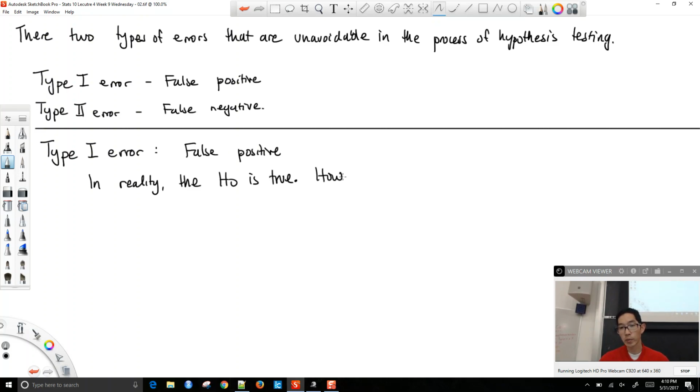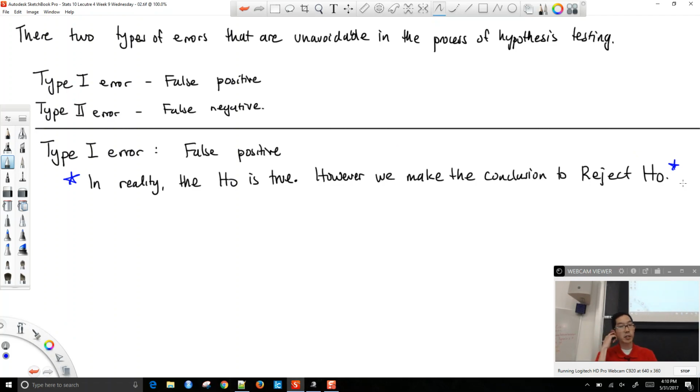However, we make the conclusion, which is wrong. We make the conclusion to reject the null hypothesis. That's a type 1 error. The null hypothesis is true, meaning it should not be rejected, but we make the conclusion to reject the null hypothesis. Okay? That's the definition there.